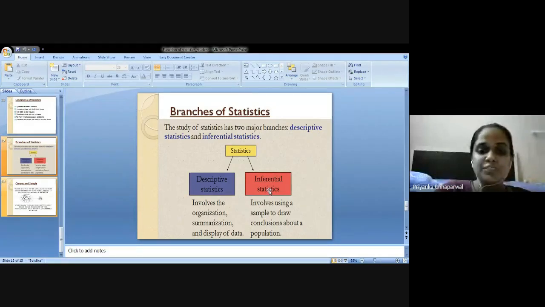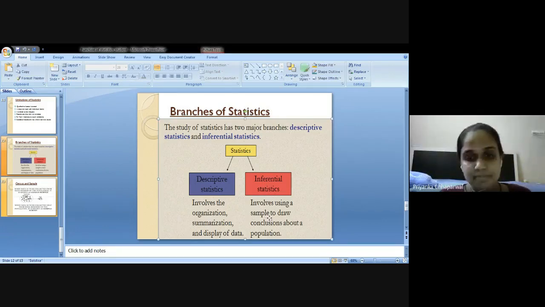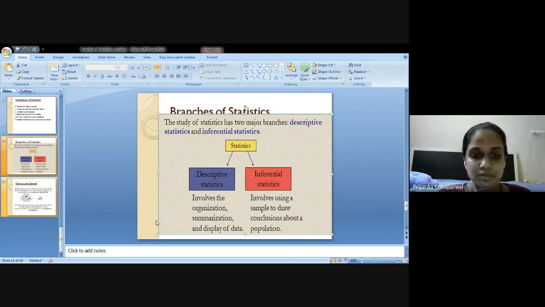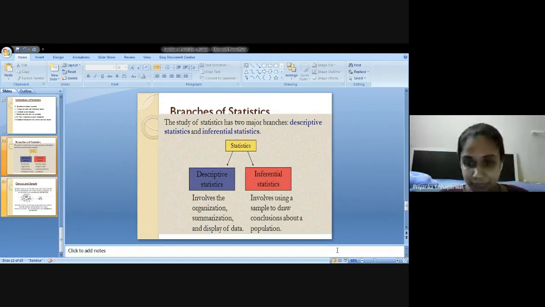It is known as a sample. जो भी हमारी decision होती है, जो भी conclusion, sample की basis पे ही होता है. So it is always based on sample.